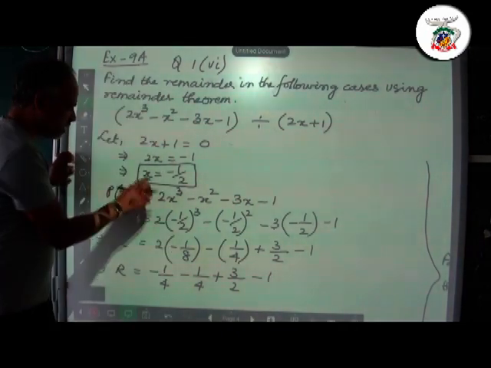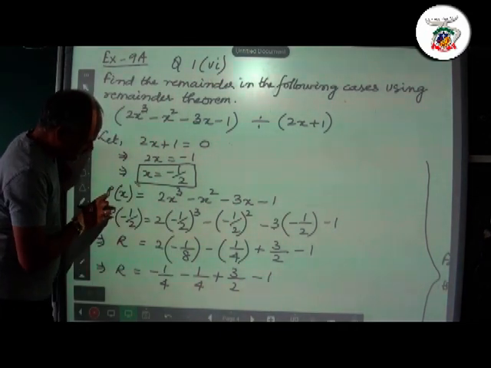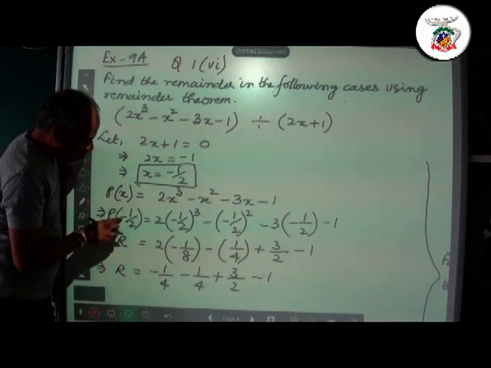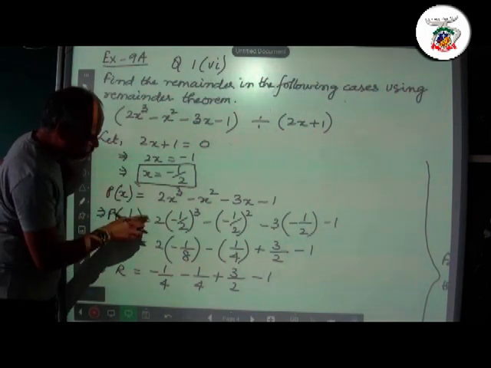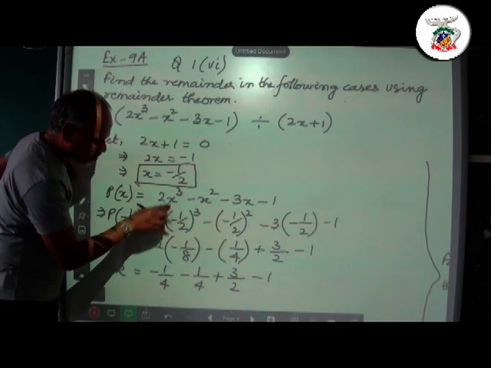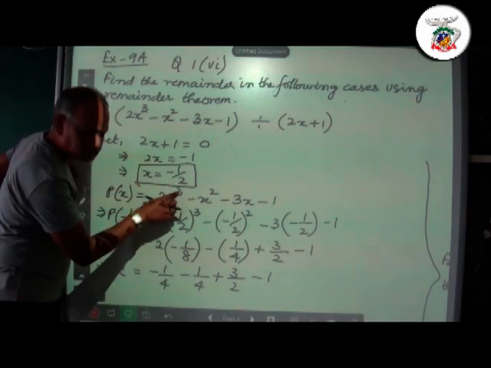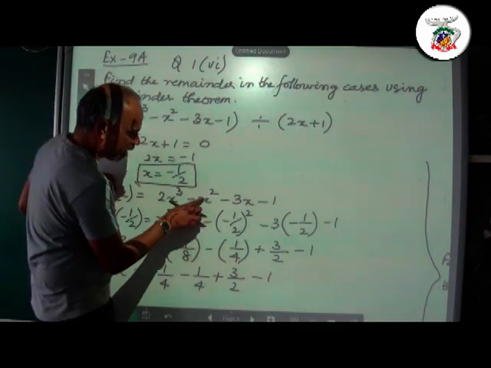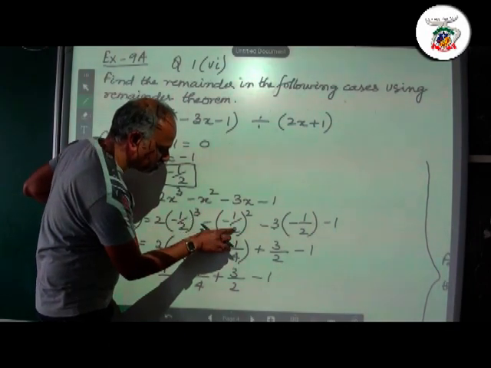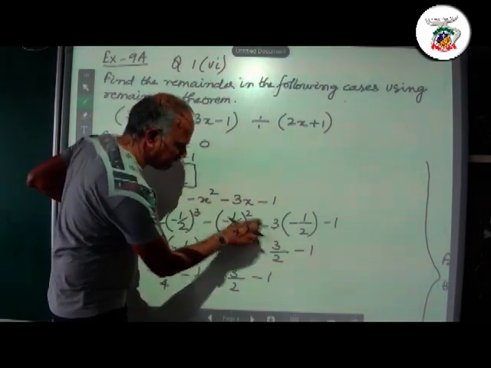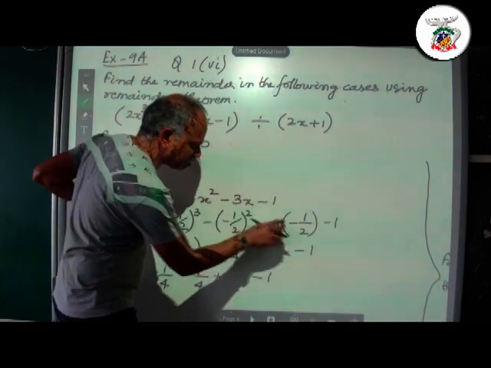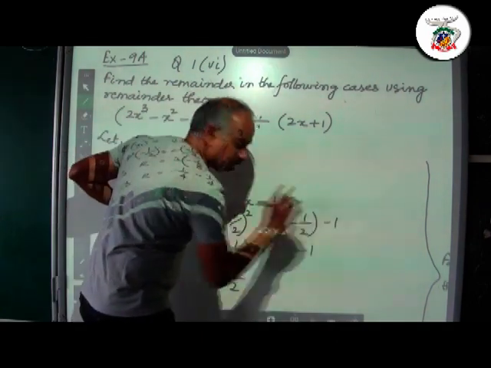Now substitute the value of x. You get p of minus 1 by 2 is equal to 2 times minus 1 by 2, the whole cubed, minus minus 1 by 2 squared, minus 3 multiplied with minus 1 by 2, minus 1.